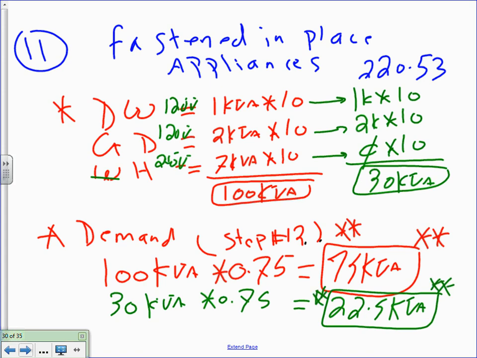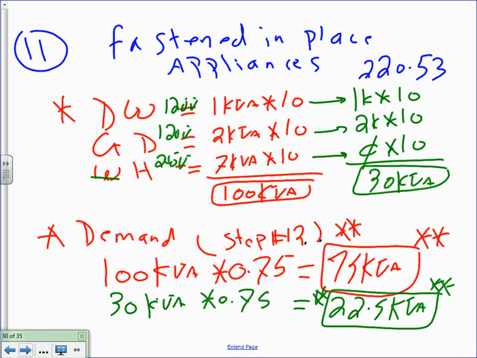Repeat: you go appliance per appliance. Anything 240, drop it to 0. Anything 120, add it as is, and do the math here. Then come back and apply the demand factor. See how we apply the demand factor on the neutral too? That'll get you 22.5 kVA. Can I have thumbs up, Chad?